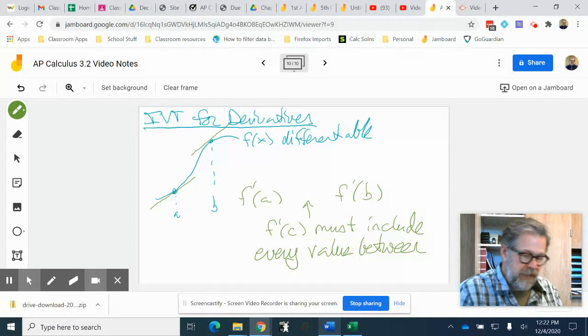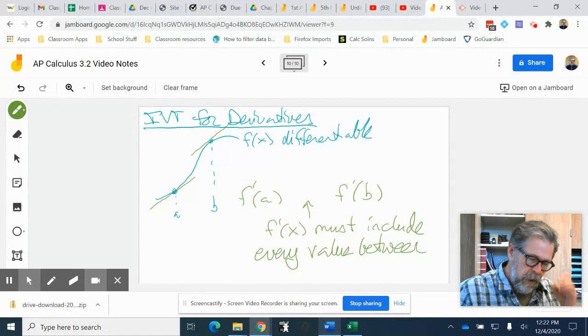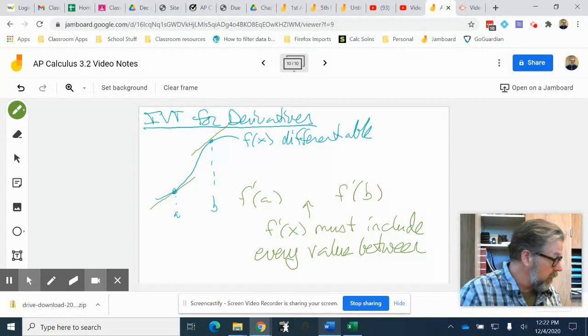Okay, now C is not a particular point on this graph. C is just that the derivative, and if you wanted, we could probably just go back and say f prime of x must include every value in between.